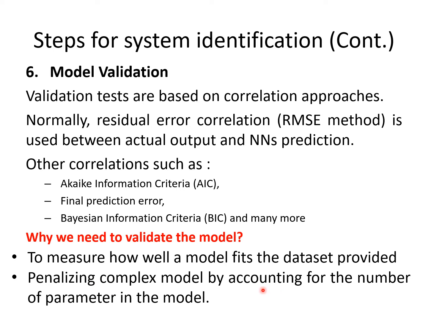And also we can penalize by using some of these criteria. We can penalize the model if you have too many parameters, too many nodes. Then it may be giving a good error, but it's not a good model. It's too many parameters. So we can try to get a balance between a medium parameter set and also a good error.